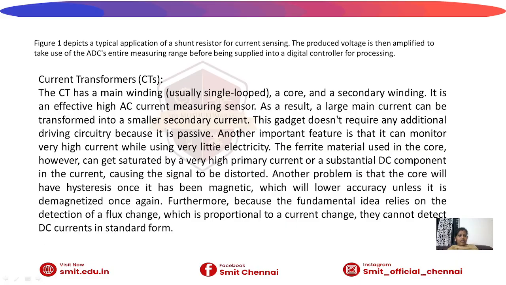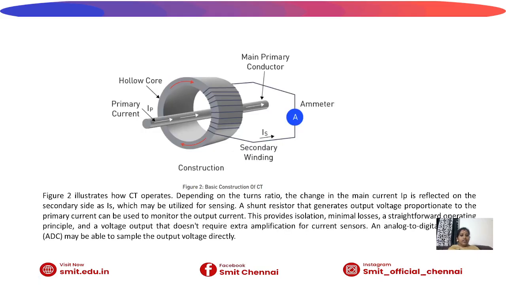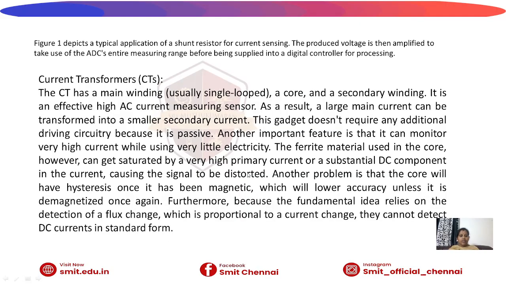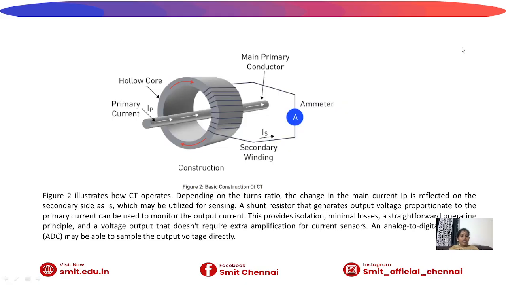Next one is the current transformer. The current transformer is also a current sensor. It has a main winding, a core, and a secondary winding. It is an effective AC current measuring sensor. Here is the basic construction of a current transformer. This is the hollow core, this is the primary current IP, and this is the main primary conductor, and these two lines are the winding.